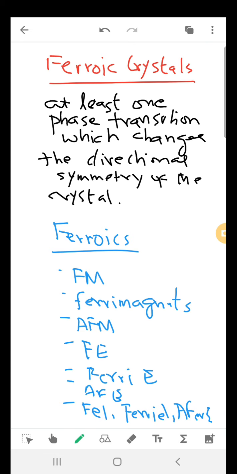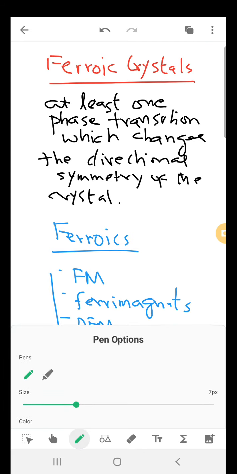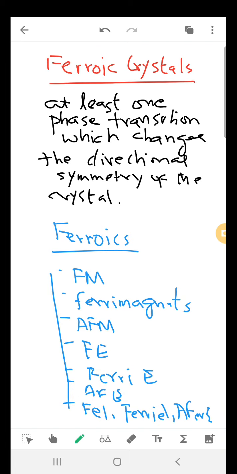Now, a common thing about all these materials, they exhibit hysteresis.